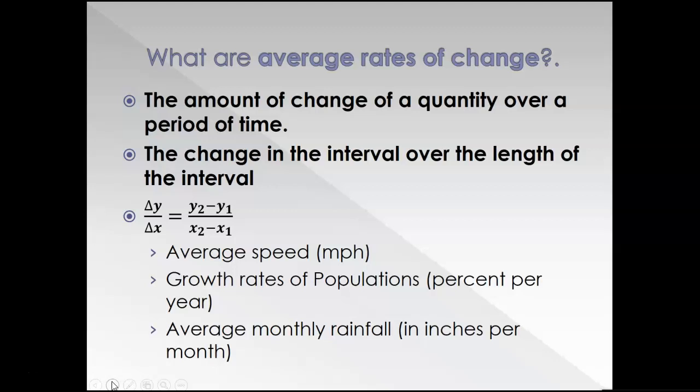It is delta y over delta x. It is y2 minus y1 over x2 minus x1. Average rates of change are just that, the average change in a quantity over a period of time.